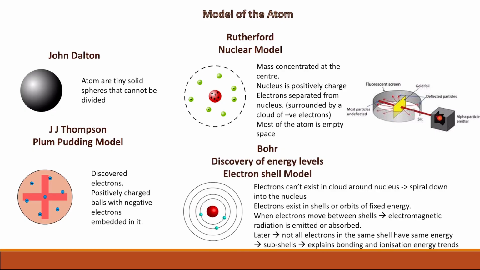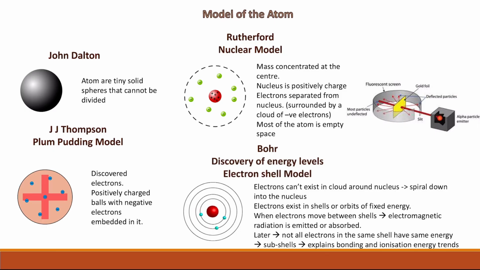As the electron shell is closer to the nucleus, it will have less energy than the shells, or the orbits, which are further away from the nucleus. When electrons move between these shells, they will absorb or emit electromagnetic radiation of a certain energy.